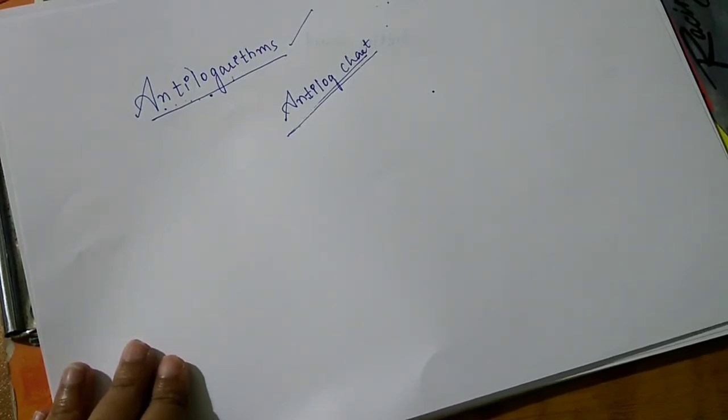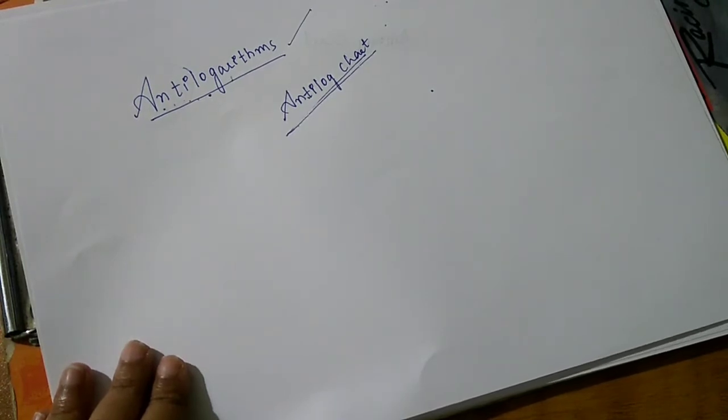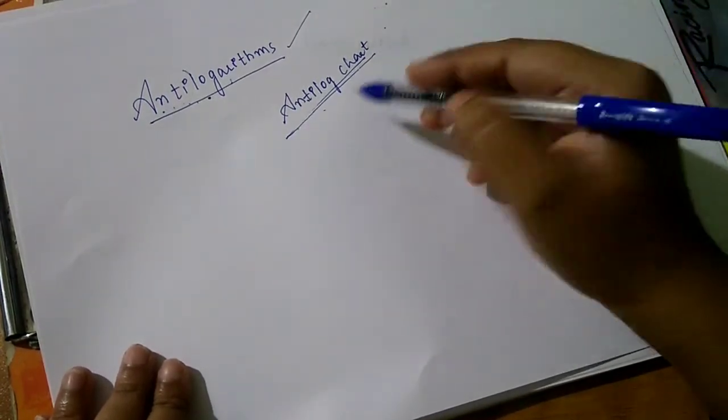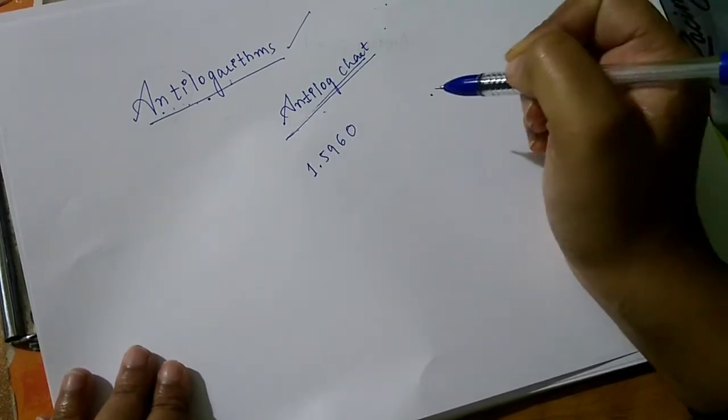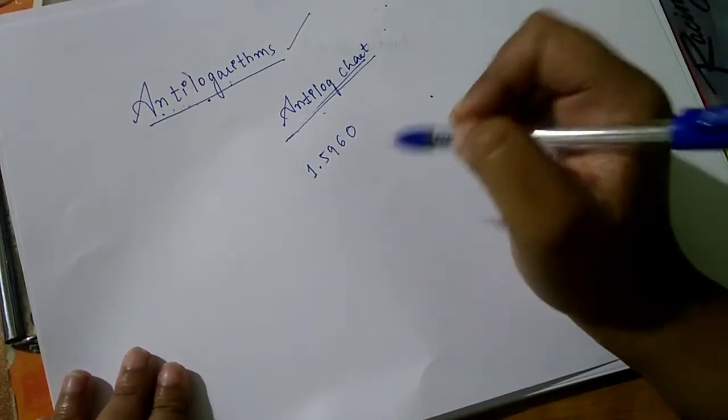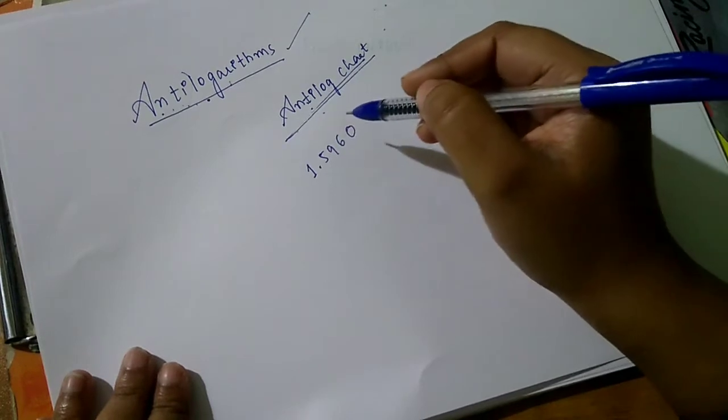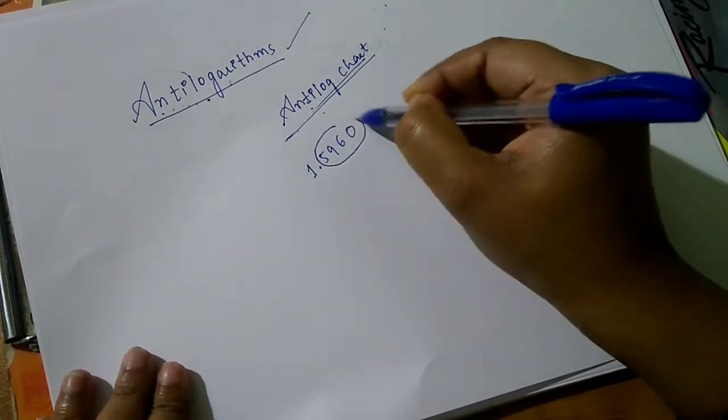For finding the log of a given number, both the characteristic part and the mantissa part were important. But when you are finding the antilog of a given number, for example 1.5960, this is the number given to you.